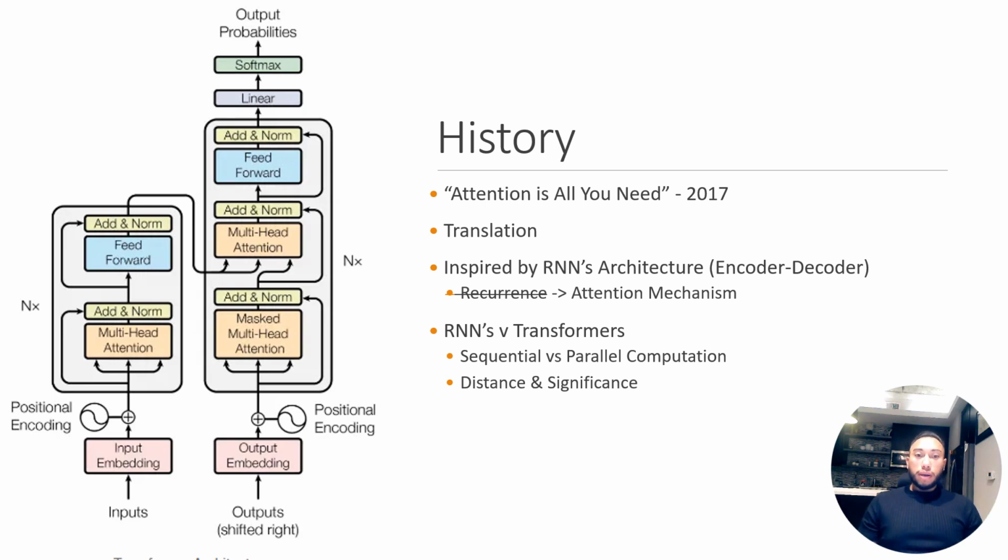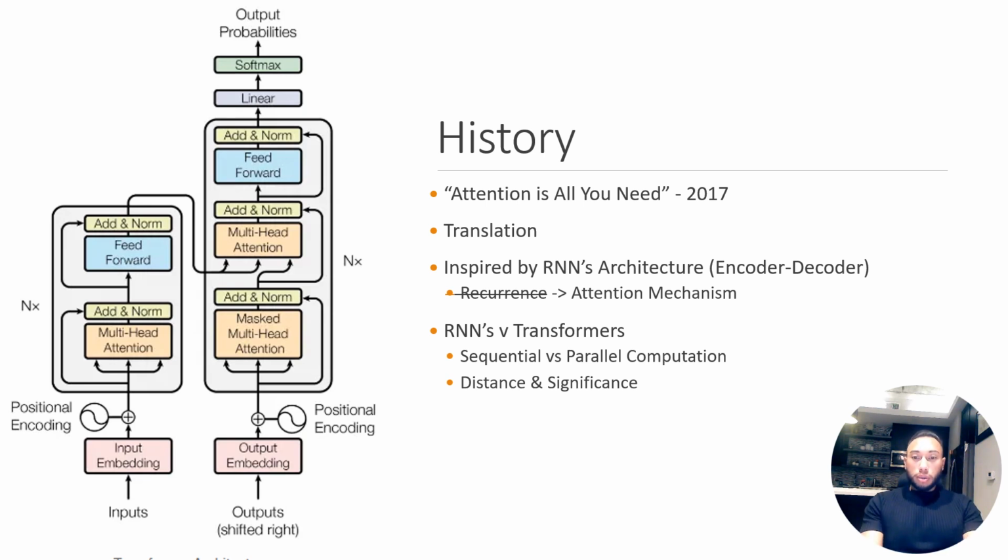Now, at the end of the day, transformers stem from RNN, and so that is just a recurring neural network. And they follow that same architecture, which means that they follow the encoder-decoder principle. So that was already pretty much available.